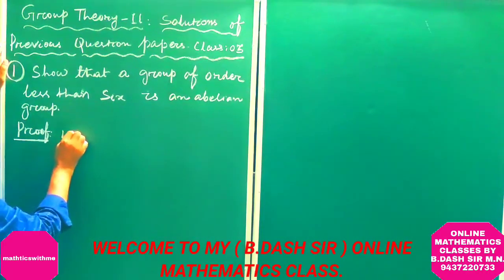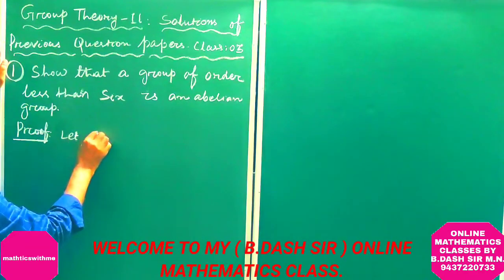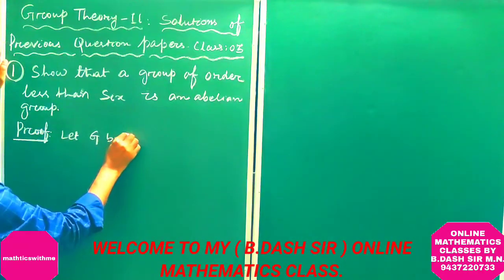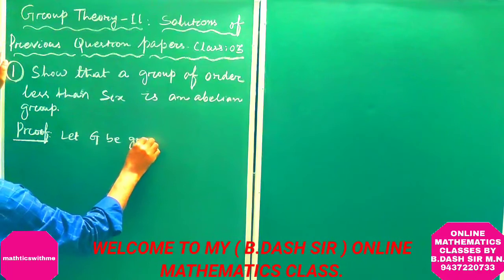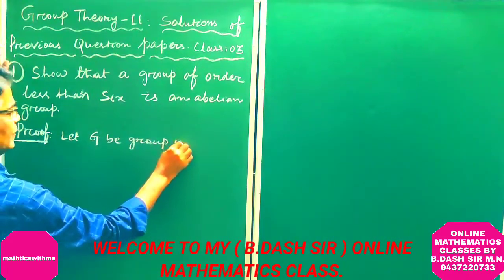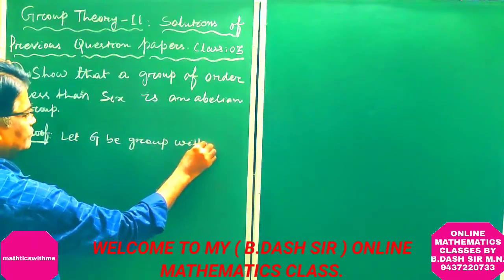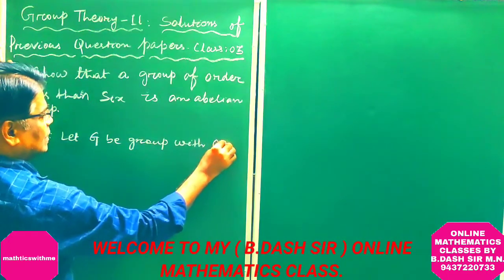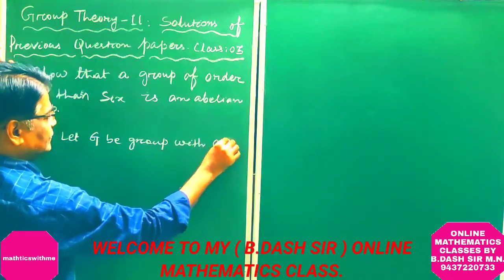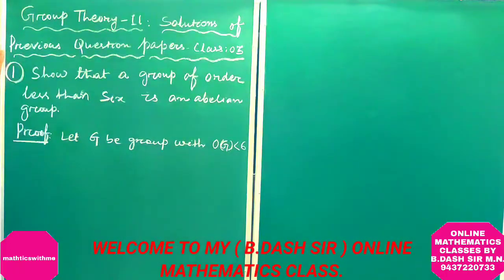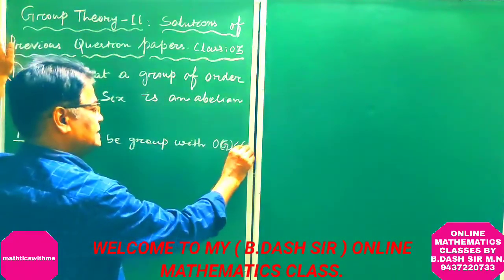Proof. Let G be a group with order of G less than 6.